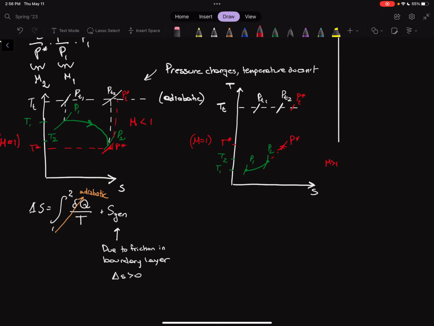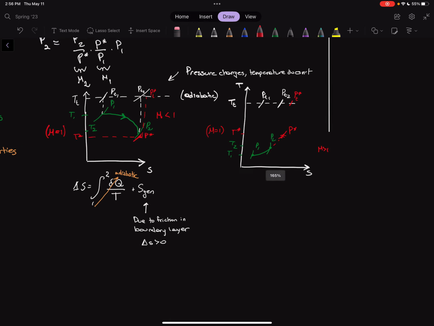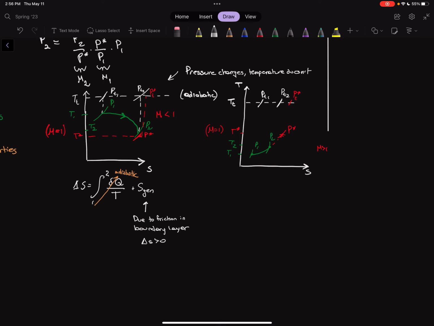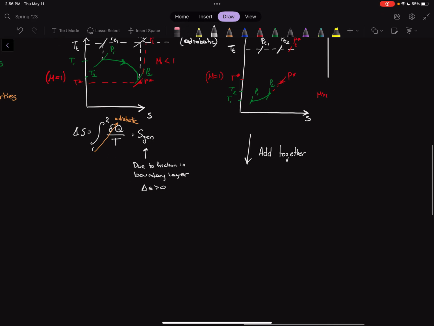So what we represent is this combined with this, so that we have all the information. We draw a full line like that with the star conditions here. And we know that in that case, we have here the supersonic case and here the subsonic case. Does that make sense? Yes.